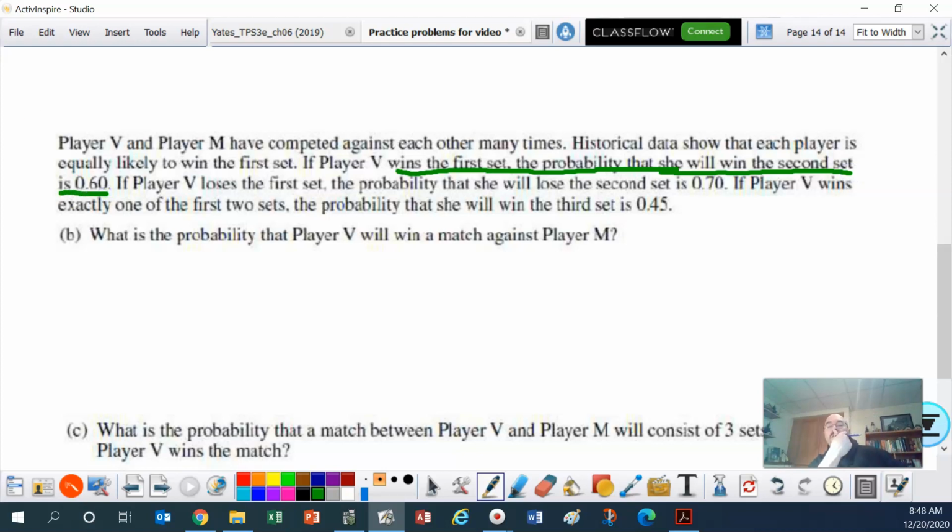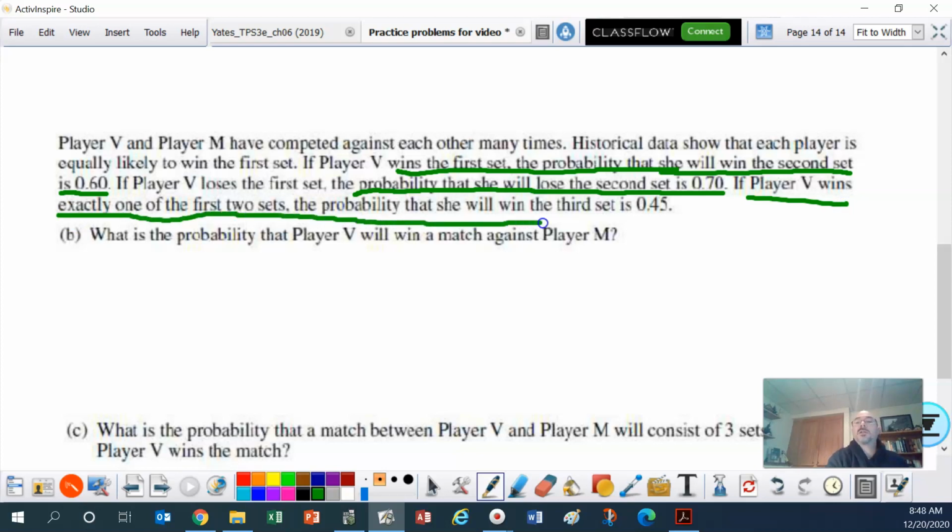If player V loses the first set, the probability that she will lose the second set is 0.7. If player V wins exactly one of the 2 sets, the probability that she will win the third set is 0.45. So what is the probability that player V will win a match against player M?